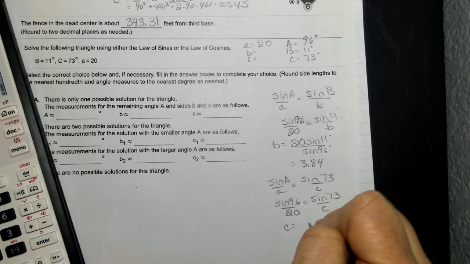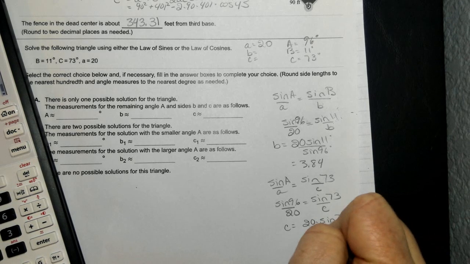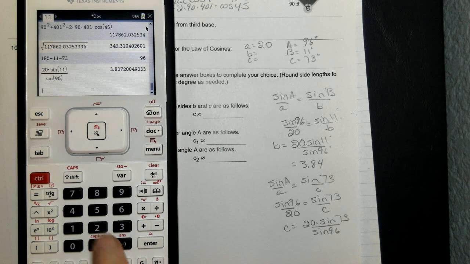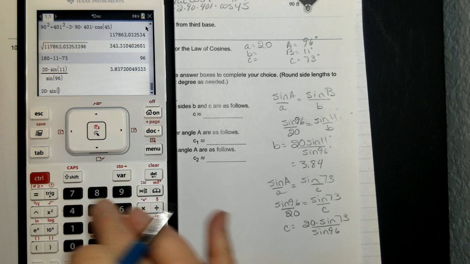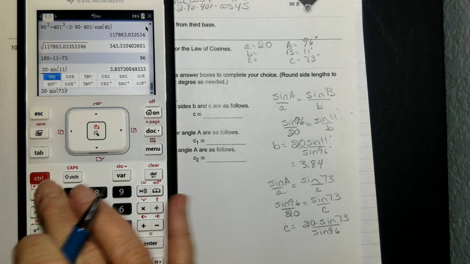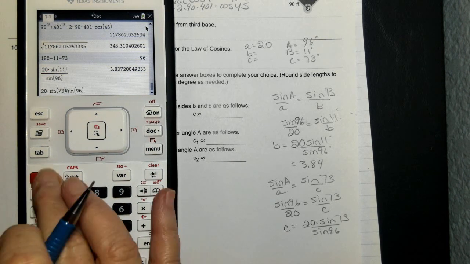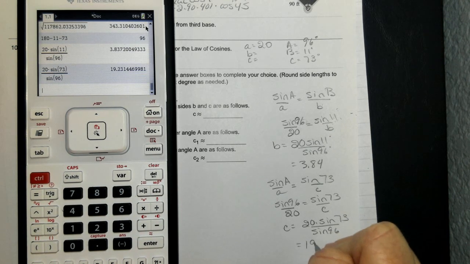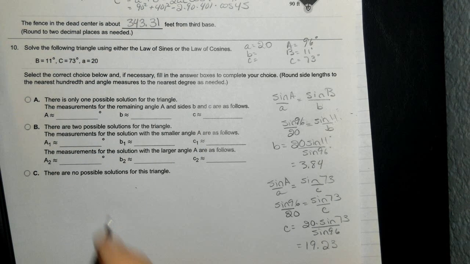So c is going to equal 20 times sine 73 divided by sine 96. 20 times sine 73 divided by sine 96. Control enter, and c is going to be 19.23. And we have one triangle.